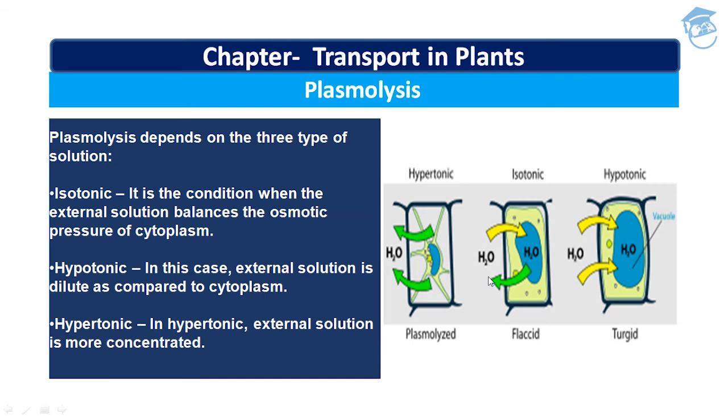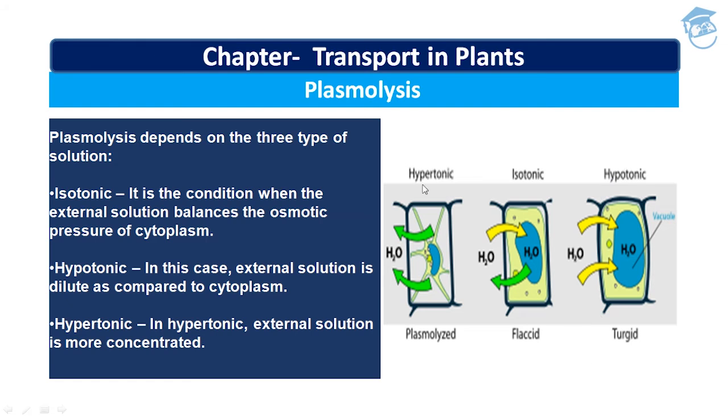Then comes hypotonic. In this case, the external solution is dilute as compared to the cytoplasm. So water moves in. See, these yellow arrows show that water is moving inside and the cell becomes turgid. So, in hypotonic solution, the cell becomes turgid. I repeat, if you keep a plant cell in hypotonic solution, then the cell becomes turgid.